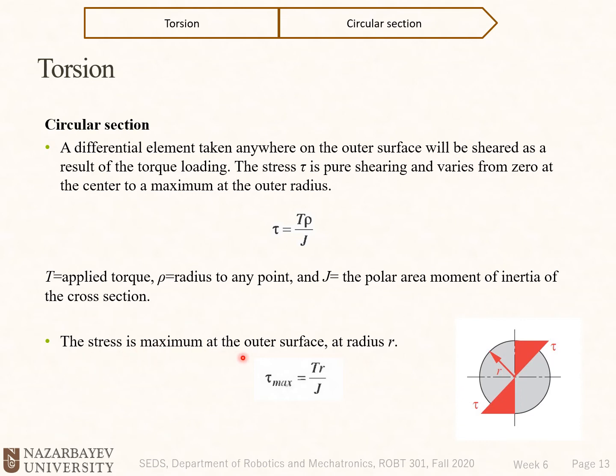The stress is maximum at the outer surface at radius R. So you see, what is the function here? It's a linear function. T and J are constant and rho is variable here. So it's a linear function. So the shear stress due to torsion has a linear distribution.